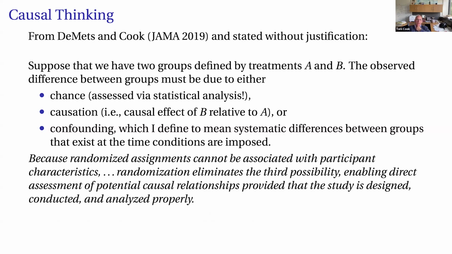And then we say, because randomized assignments cannot be associated with participant characteristics, randomization eliminates the third possibility, enabling direct assessment of potential causal relationships, provided that the study is designed, conducted, and analyzed properly.